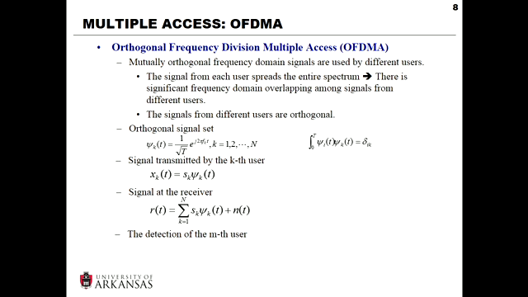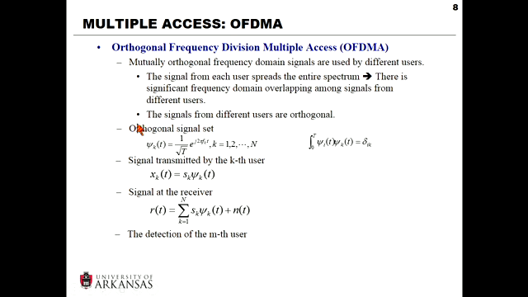So the signal from each user will actually spread over the entire spectrum, okay? Which means there is significant frequency domain overlapping among the signals from the different users. However, the signals from the different users are orthogonal, okay?